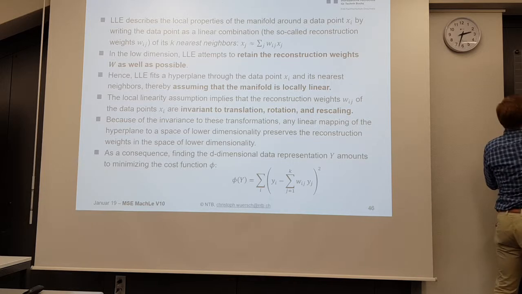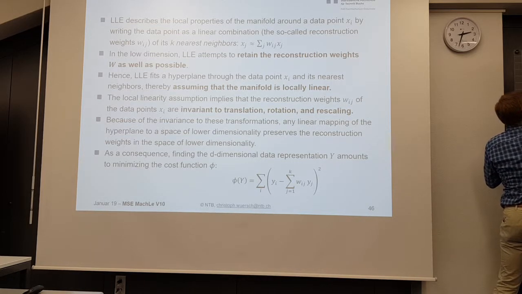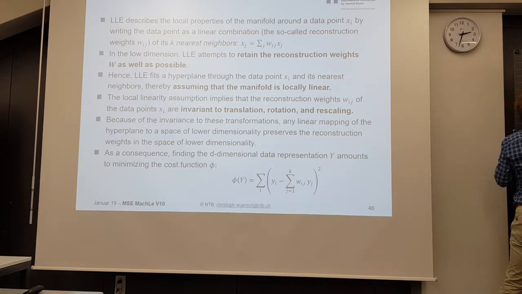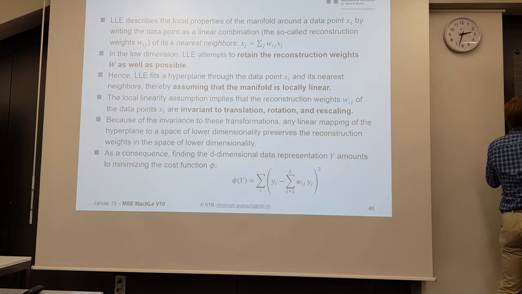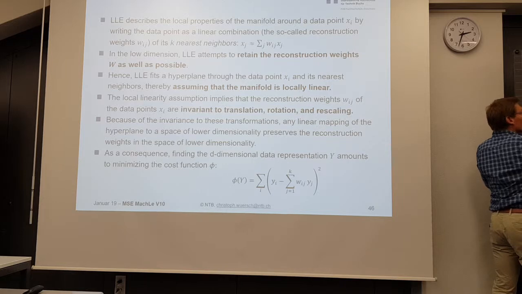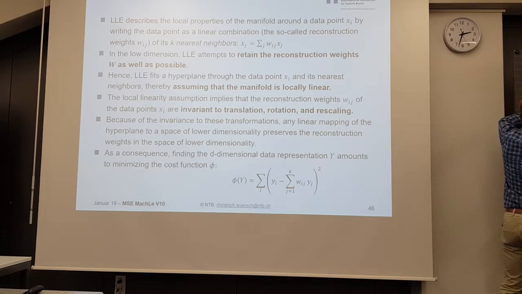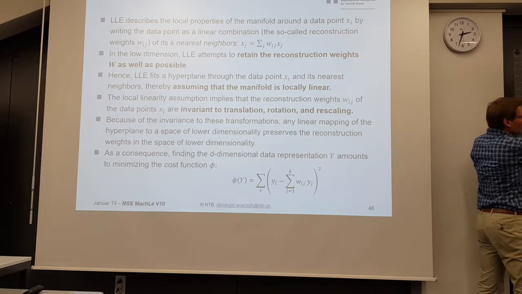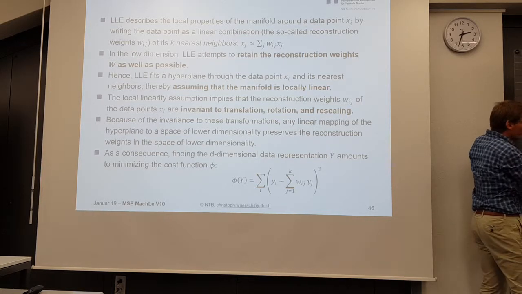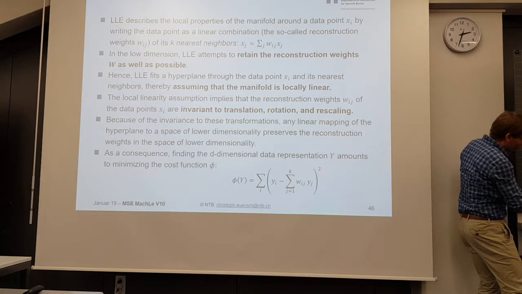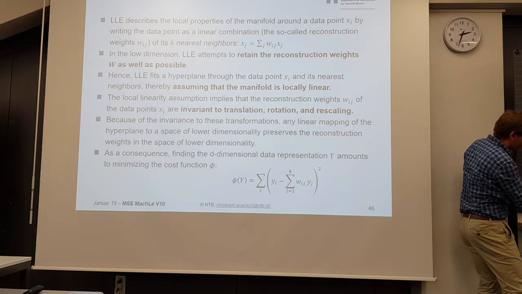This is now the manifold. Then actually local linear embedding tries to, in a local coordinate system, represent this data such that the weights for the representation of the data are the same also in this lower dimensional space, which is, for example, then flat and two-dimensional.